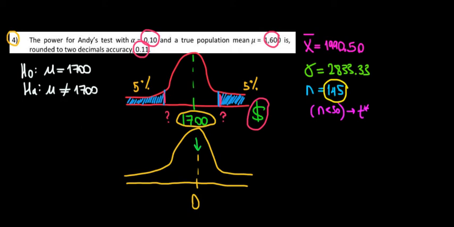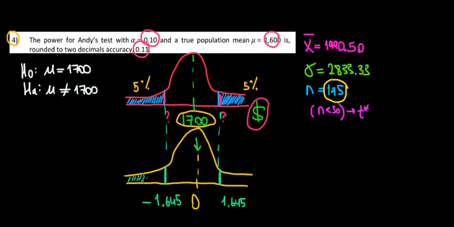How can we convert this number into the critical values on the z distribution? When alpha is equal to 0.10, having this tail of 5% corresponds to a z value of 1.645. You can find this in the z table, and the opposite, minus 1.645.